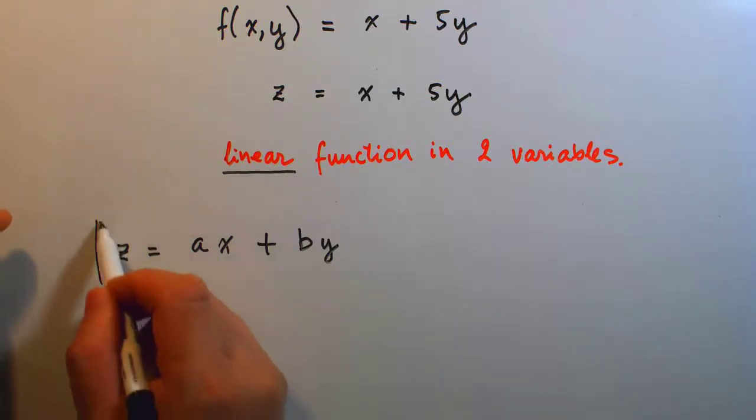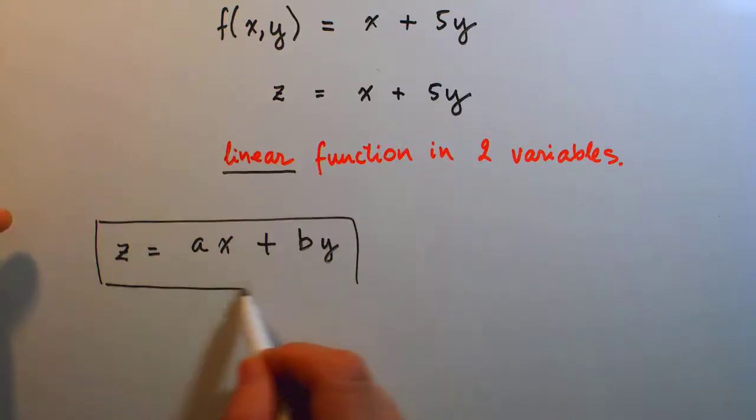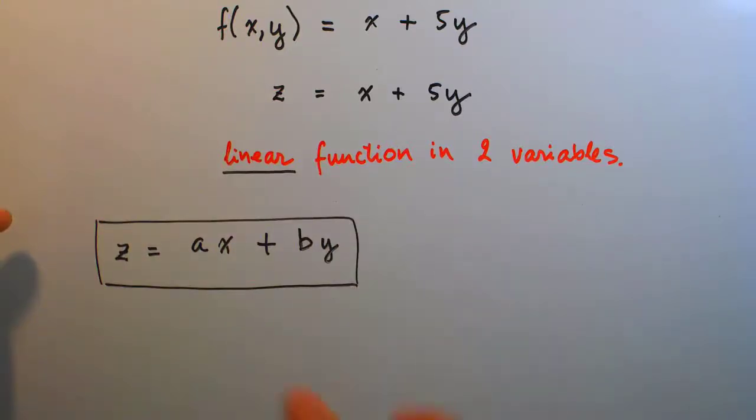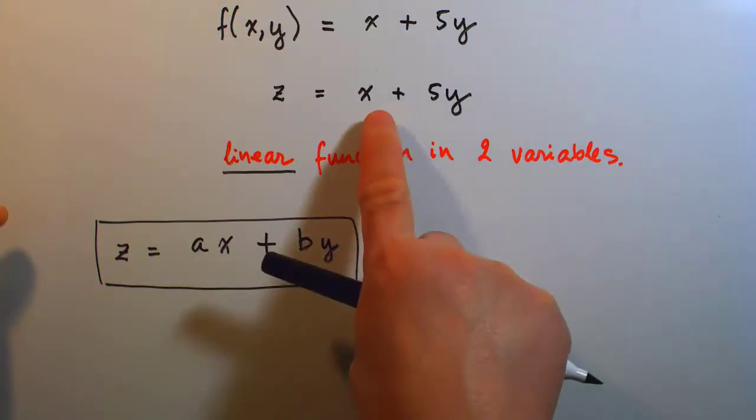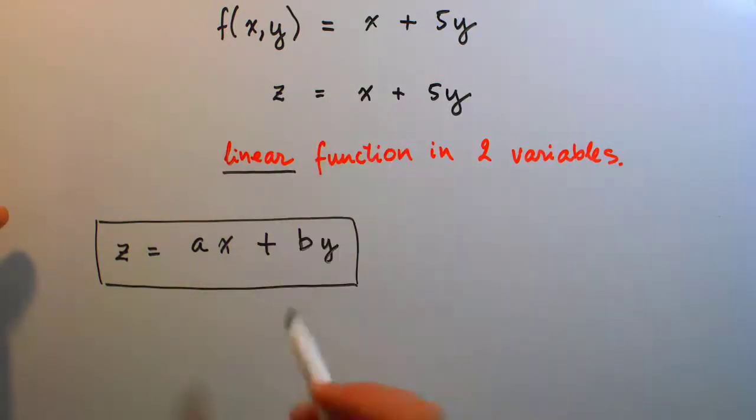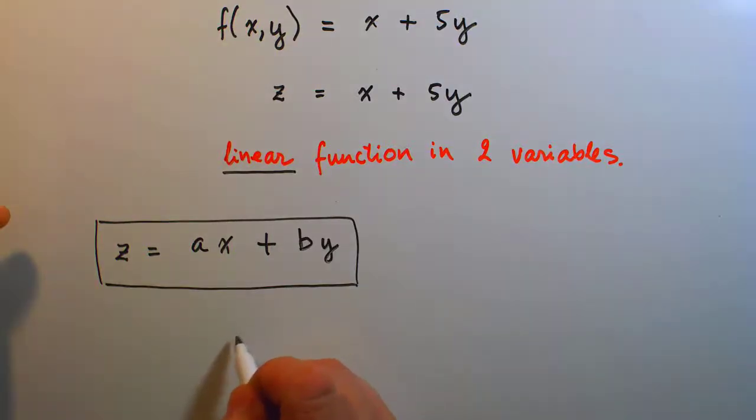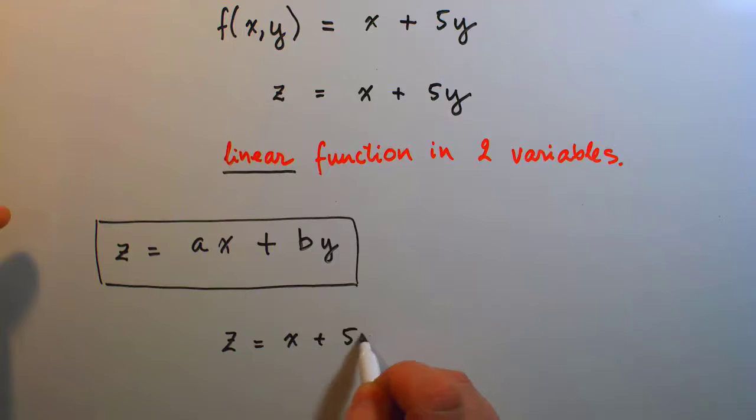And so in this fundamental form of being a linear function of two variables, our function here is clearly a linear function. For z equals x plus 5y, the coefficient for our x variable is 1, and the coefficient in front of our y variable is 5.